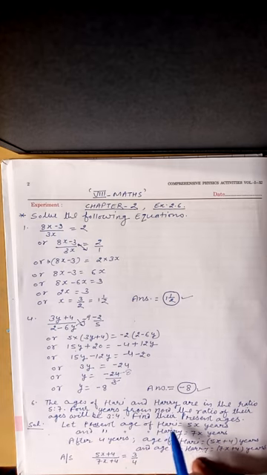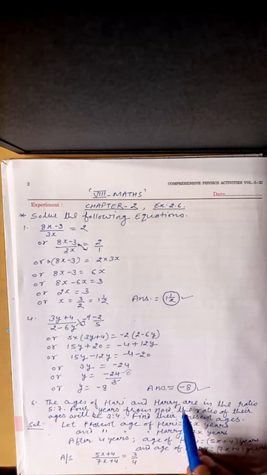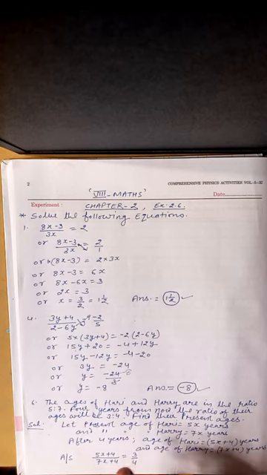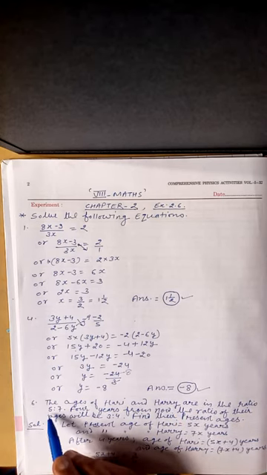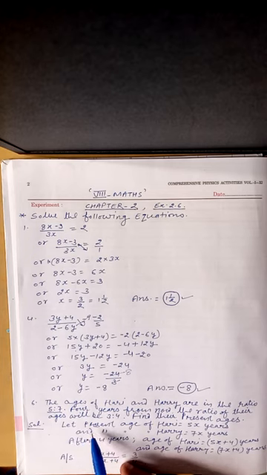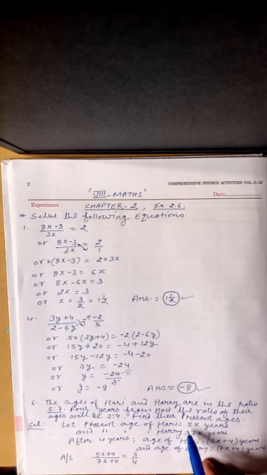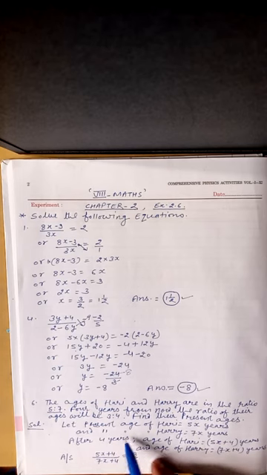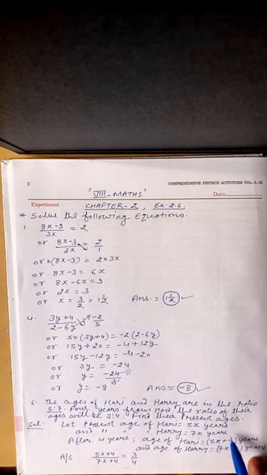Here we have to find the present ages of Hurry and Harry. The ratio between their ages is given, that is 5:7. So let us suppose that the present age of Hurry is 5x years and the present age of Harry is 7x years.